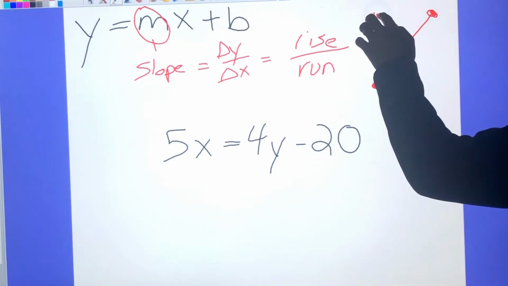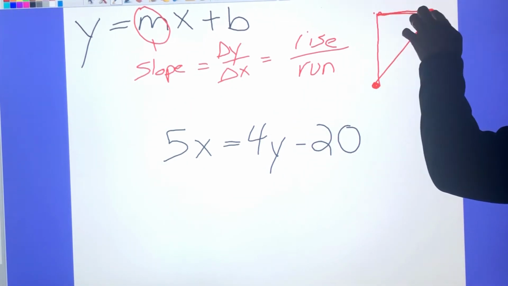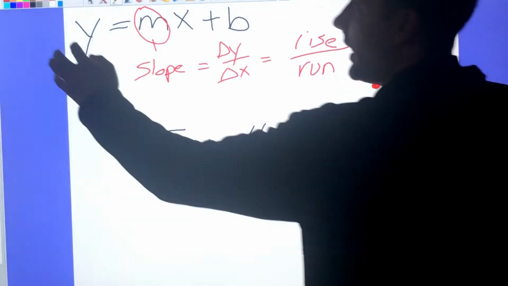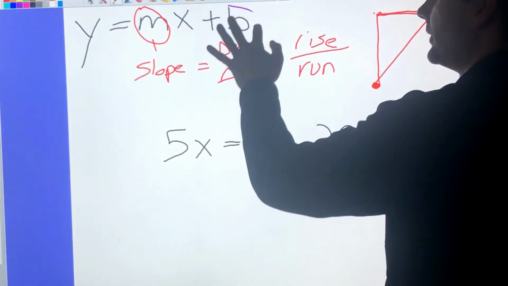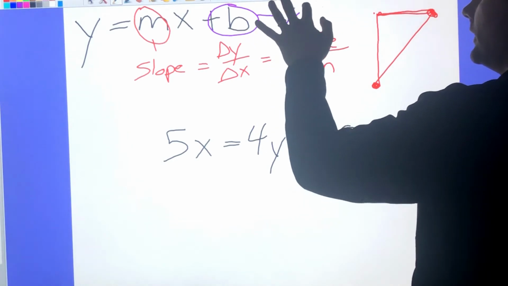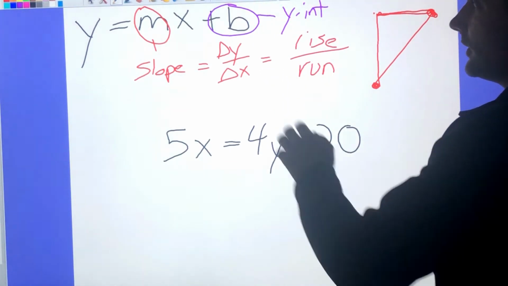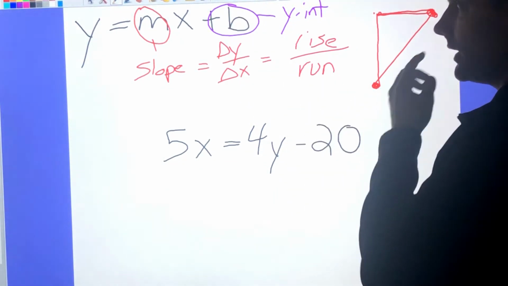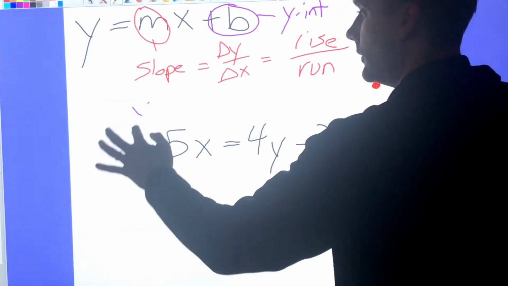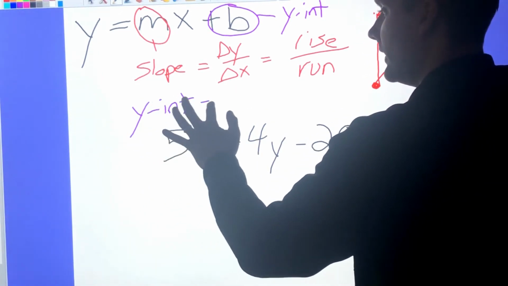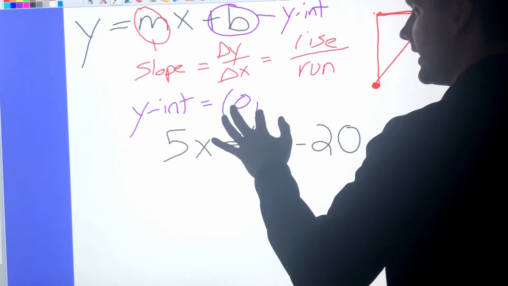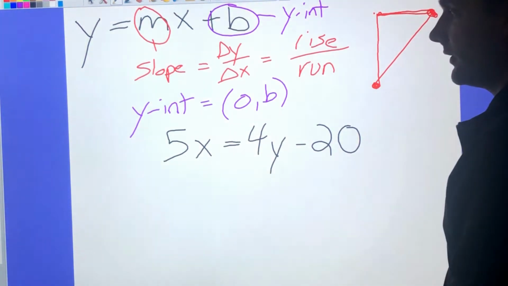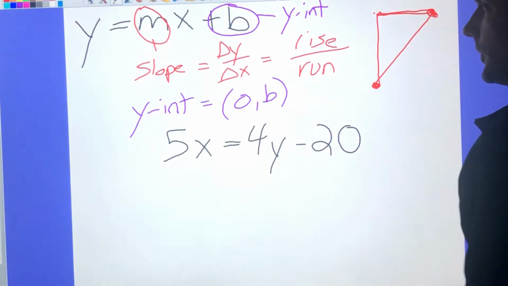And what is the change of my x value as I go from here to here? And then also with this form, it has this plus b, where this is my y-intercept. Now note that the y-intercept is not just a number, b, but what it really is, is a coordinate where the x is 0. So for y-intercept, you should put a 0, b.